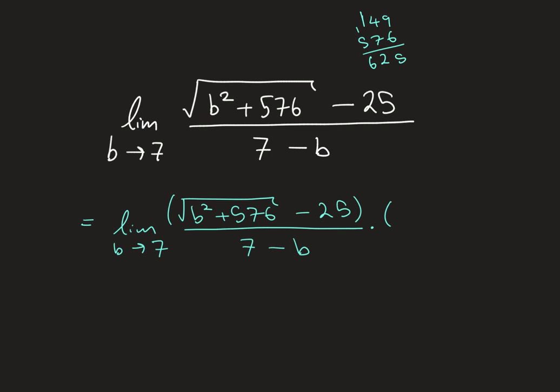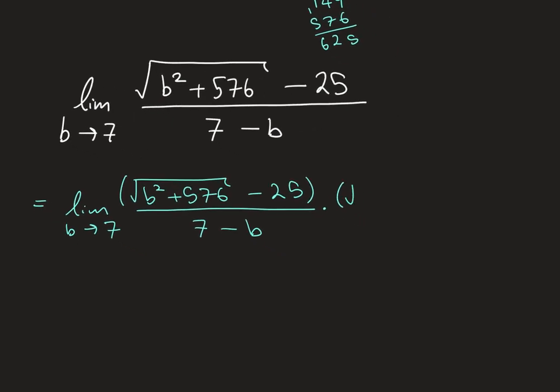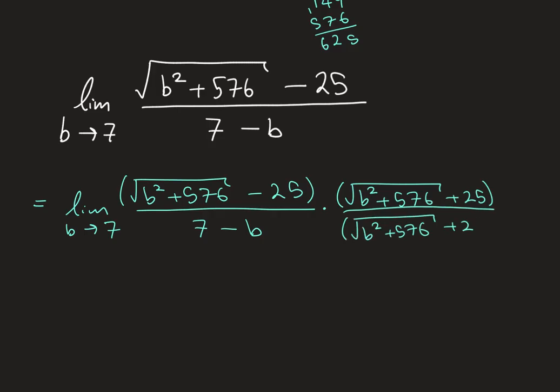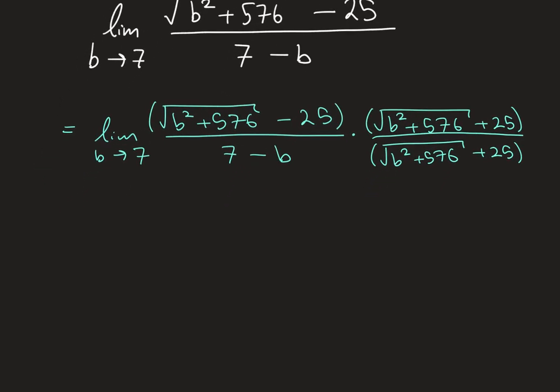We call it the conjugate of this guy right here, the square root of b squared plus 576 plus 25, all divided by the square root of b squared plus 576 plus 25. Never 0. Both of these terms are positive. And let's see where this takes us.